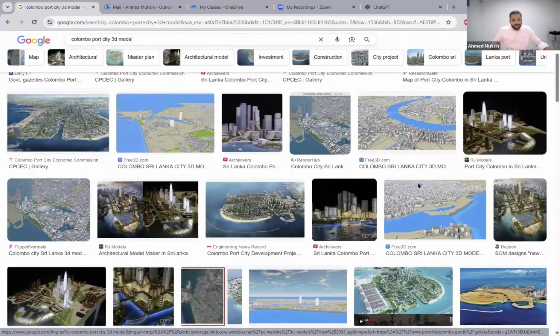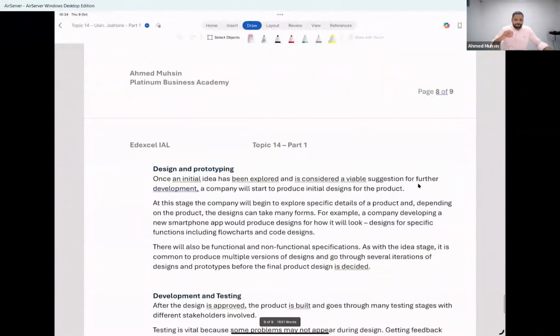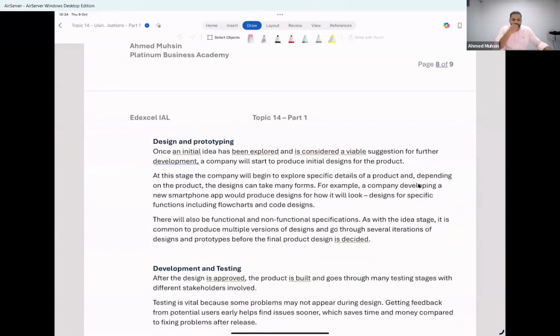Okay, can you guys read that? At this stage, the company will begin to explore specific details of a product, and depending on the product, the design can take many forms. It might be a mock-up, it might be a wireframe, it might be a 3D model, it might be a prototype, various things.